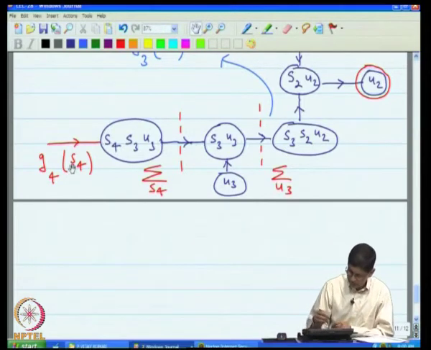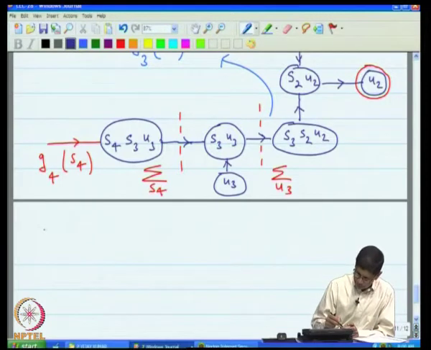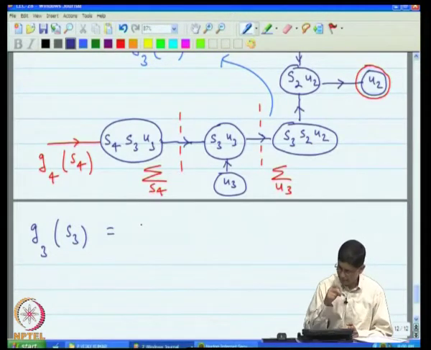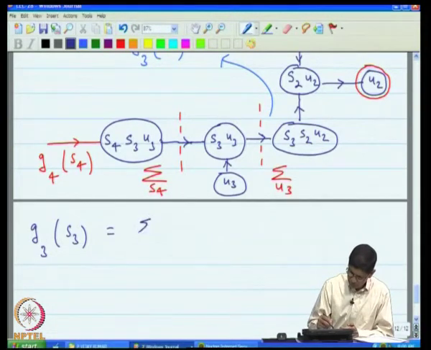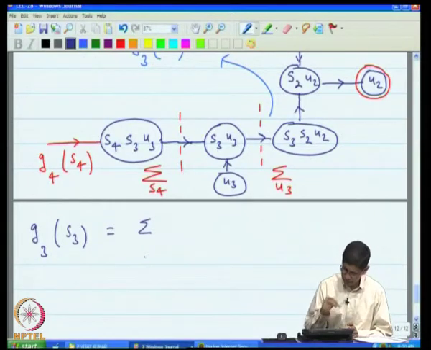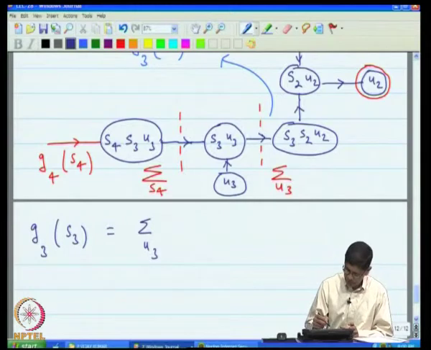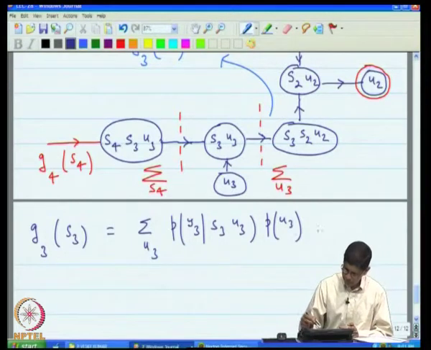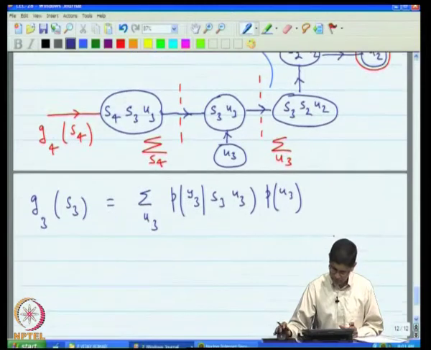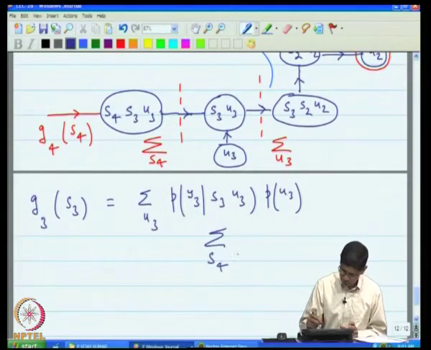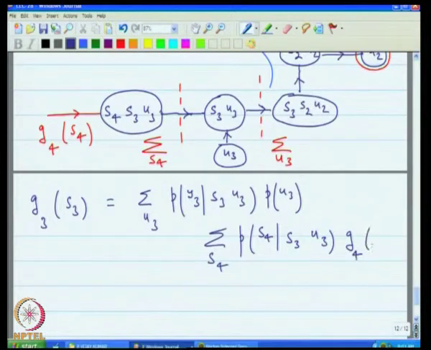So, you would have G4 of S4 coming in, and you would see that your computation would then say that G3 of S3 is the marginalization with respect to, you would have the outer one, which is U3, which will have P of Y3 given S3 U3, P of U3, and then the marginalization with respect to S4 of P of S4 given S3 U3, and then you have G4 of S4.